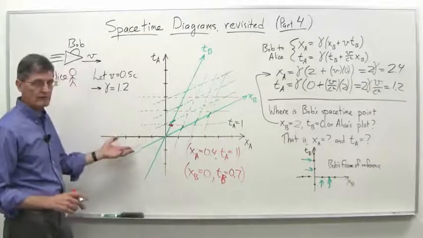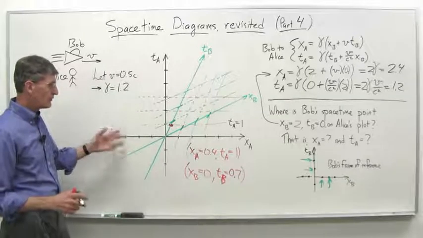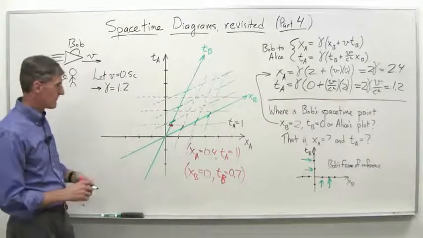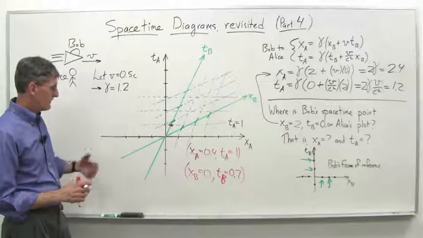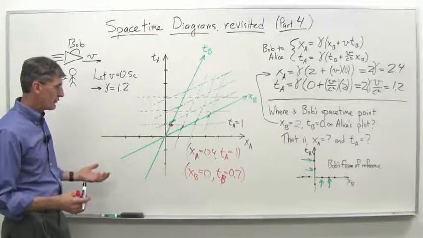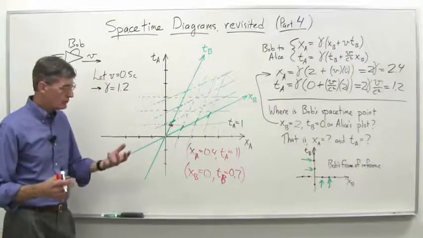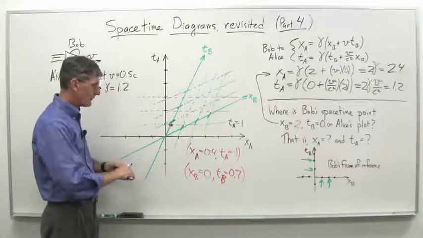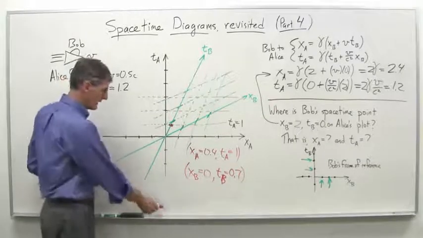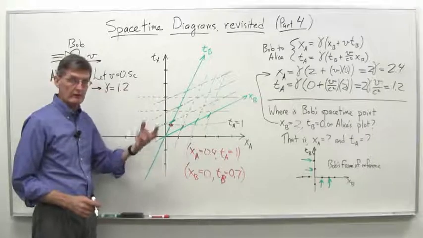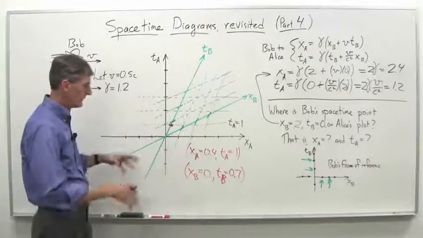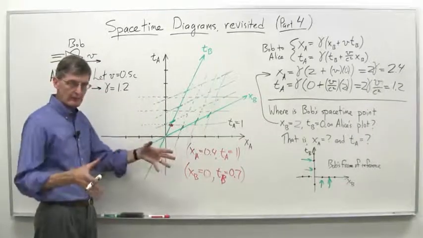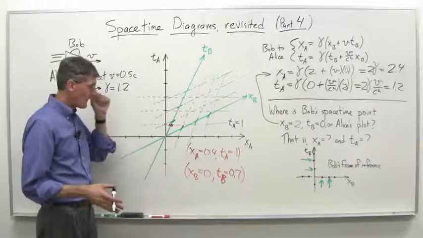And it's a little harder to see on this plot, but you can also see length contraction, okay, because a given length is going to be shorter to Alice than to Bob. So let's see if we can just get a feel for that. You see that a given length is going to be shorter for Alice compared to Bob. The proper length in Bob's frame of reference, say for his spaceship.